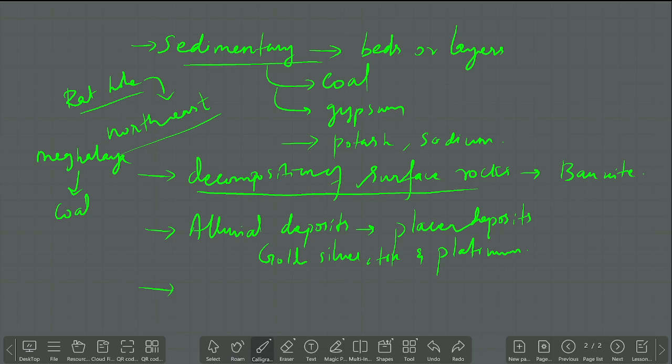Now in case of iron ore, it's a very important question, my dear. Iron ore mines, iron ore belts in India. What do you generally know about iron ore? It's important. You can say iron ore is the basic mineral and the backbone of industrial development.